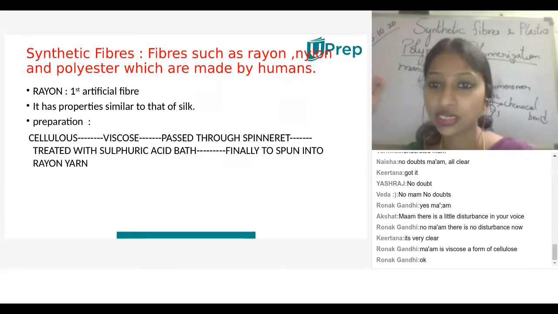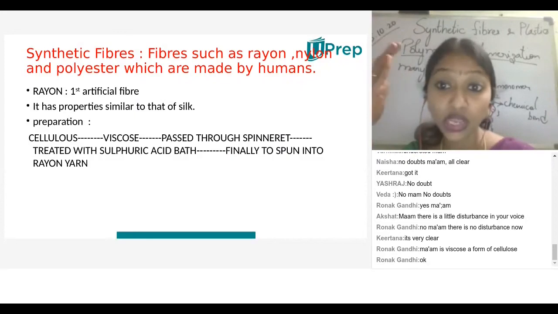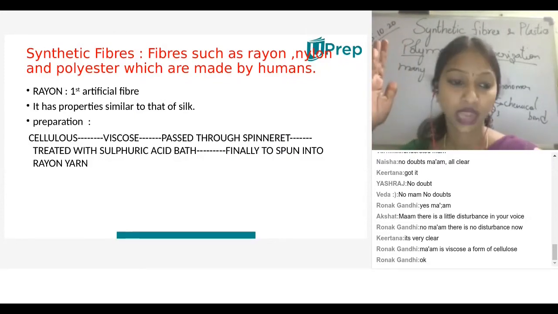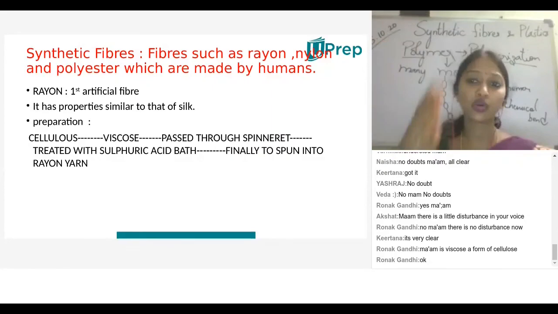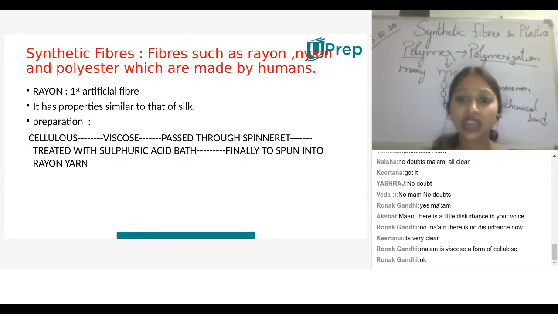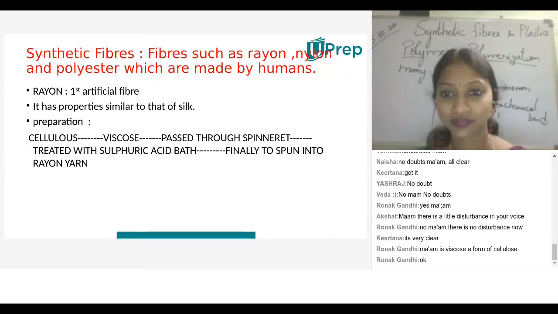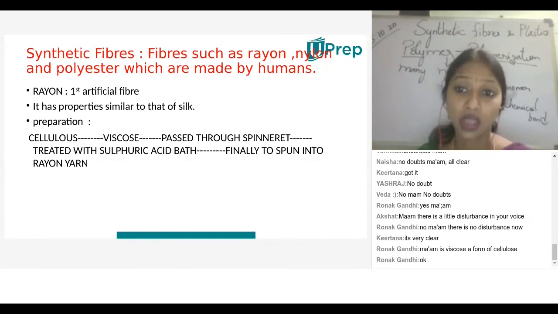I'm talking about a common man. Understood, children? So synthetic fibers are simply imitations of natural fibers with more qualities. So definitely you'll go with synthetic fibers only, but people will feel more comfort in natural.